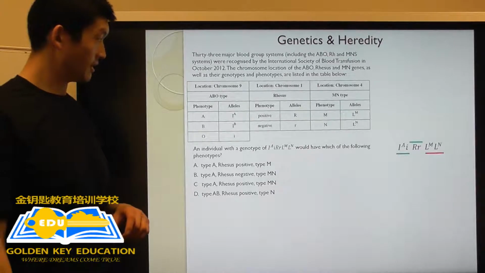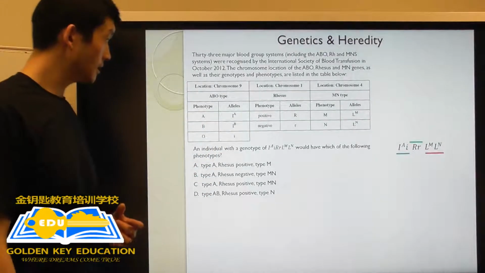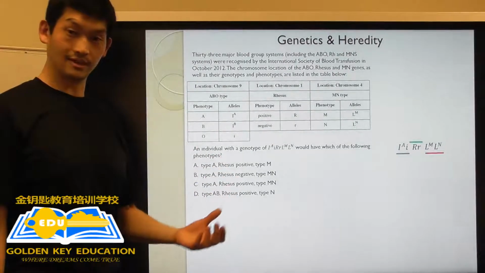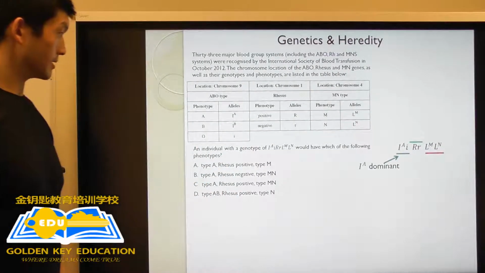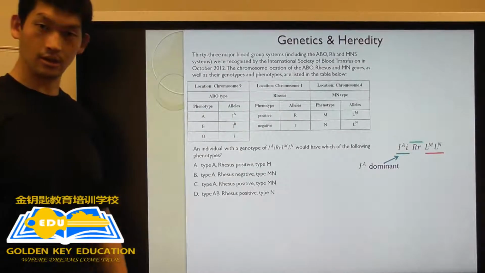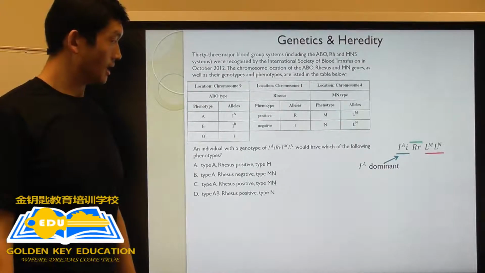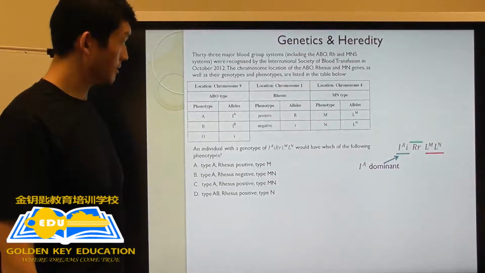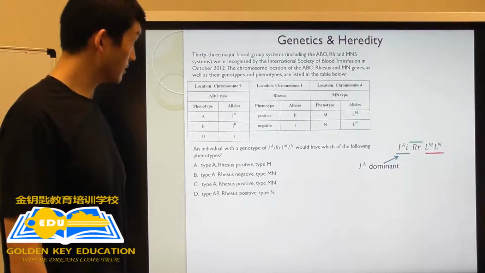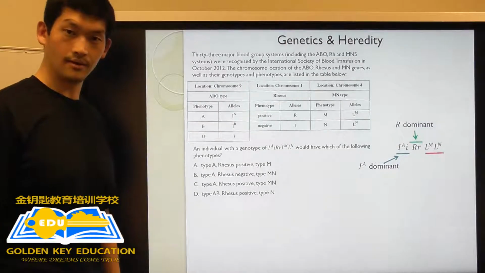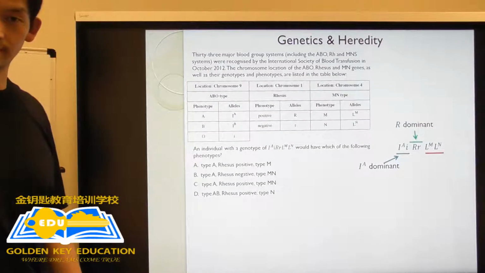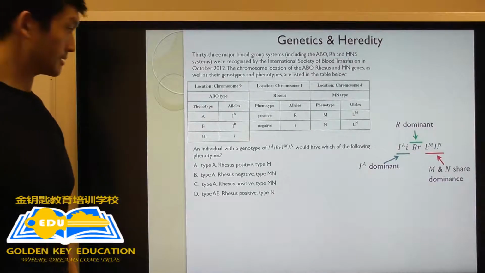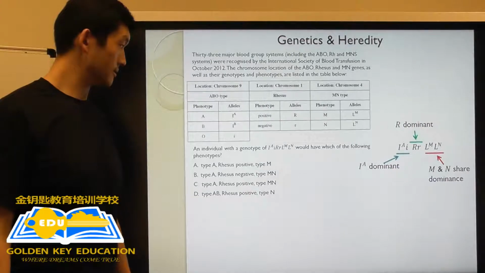With the first component, we need to identify the interaction between the dominant and the recessive allele, and we can see that we have a dominant allele present alongside the recessive. Similarly, in the second component, belonging to the rhesus group, we again have the capital R dominating over the recessive allele. In the third group, the MN blood system, we have shared dominance.